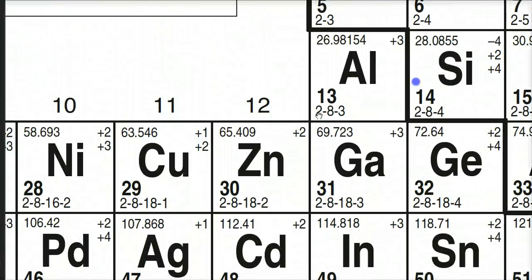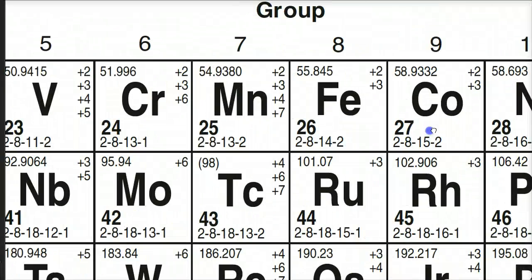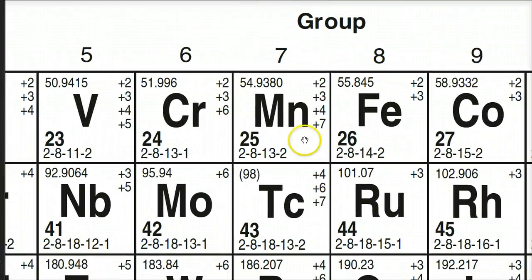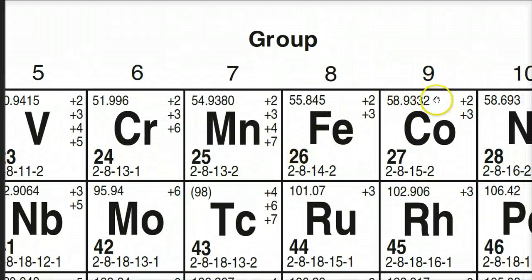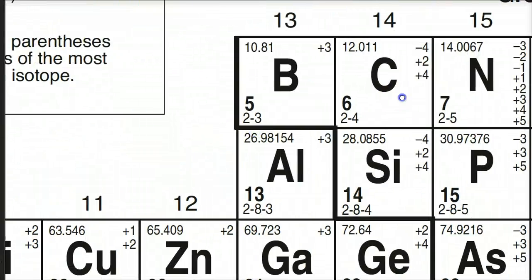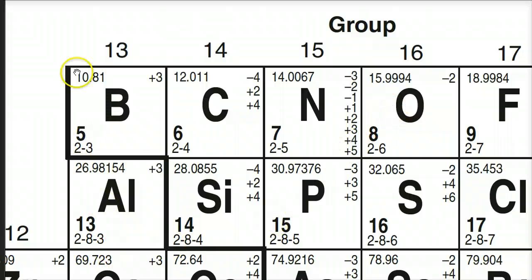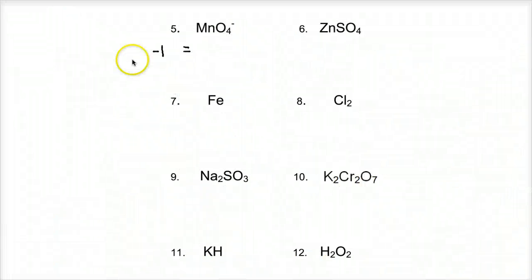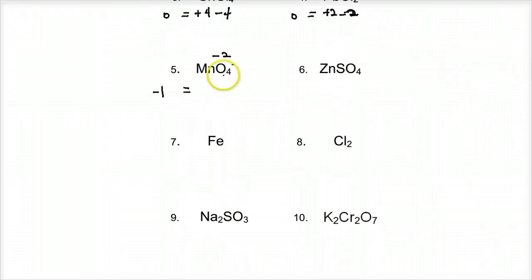Let's go to our transition element way over here and look at the different choices this manganese has. +2, +3, +4, +7. How do I know which one to pick? My starting point is the one I definitely know, and I know definitely that oxygen is -2 here.